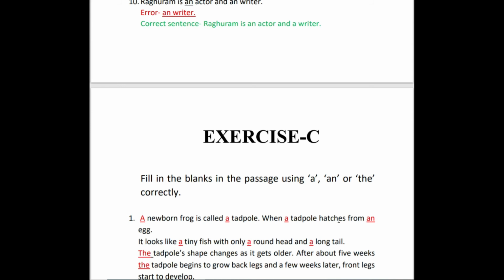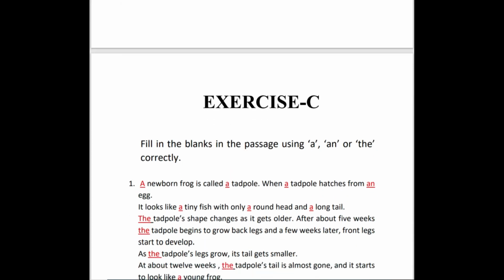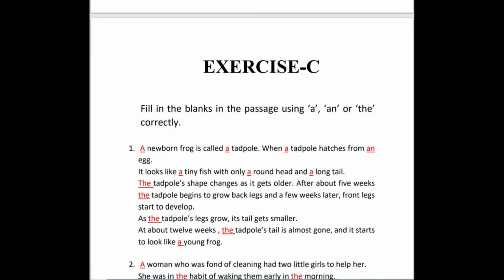When a tadpole hatches from an egg, it looks like a tiny fish with only a round head and a long tail. The tadpole's shape changes as it gets older. After about 5 weeks, the tadpole begins to grow back legs, and a few weeks later, front legs start to develop.